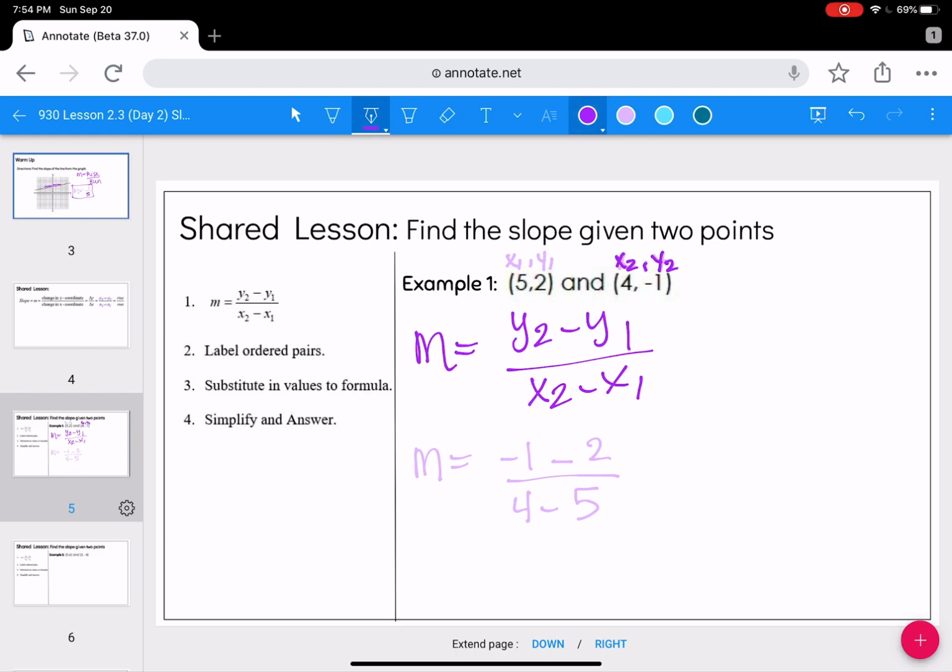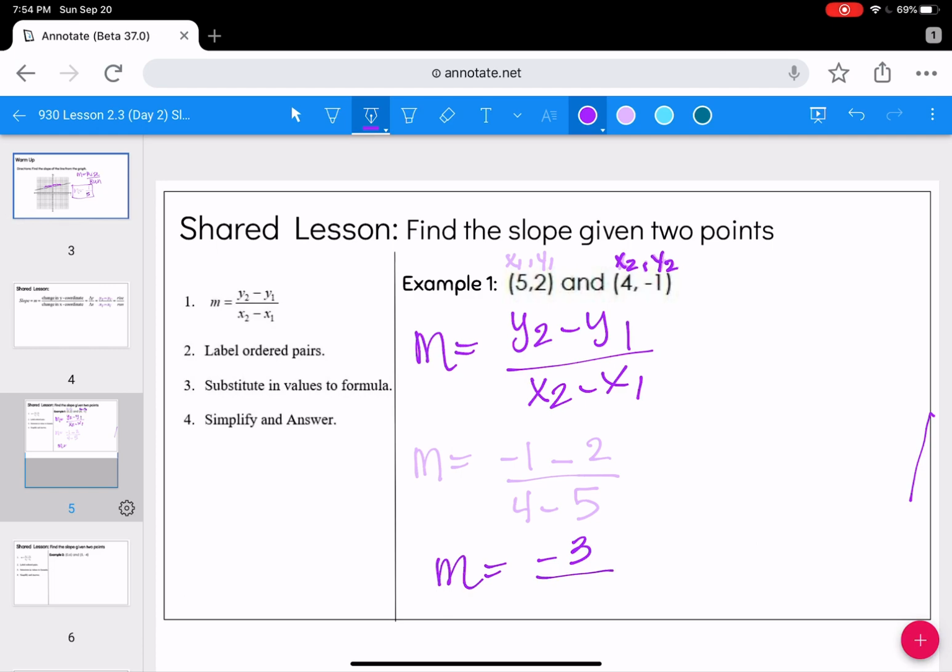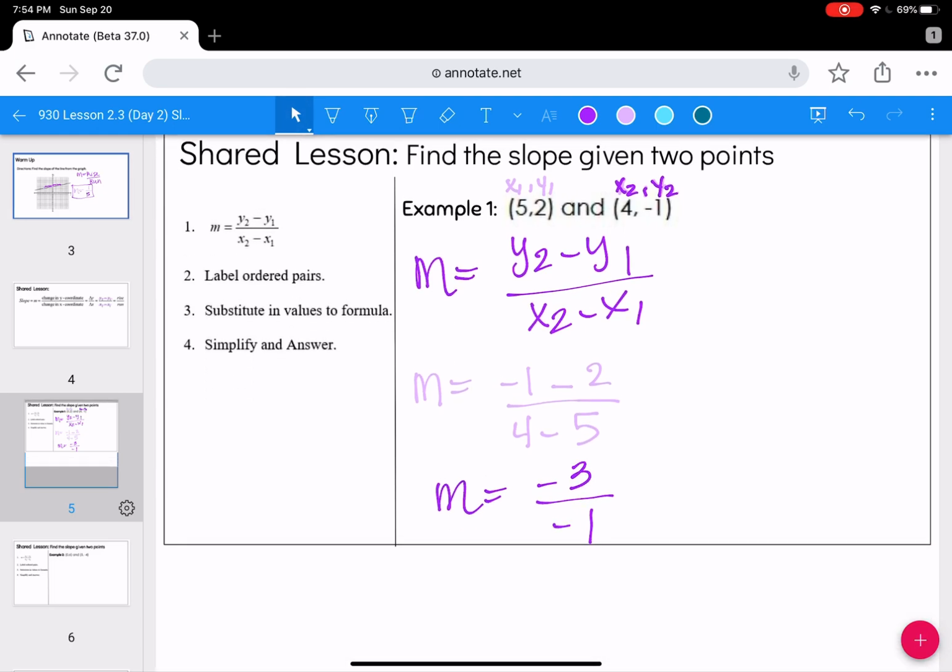And then we have m is equal to -1 minus 2 is -3, over 4 minus 5 is -1. And now I need to simplify this down, so I have a slope here of -3 divided by -1, and negative divided by negative is a positive, so I have a positive slope of 3.